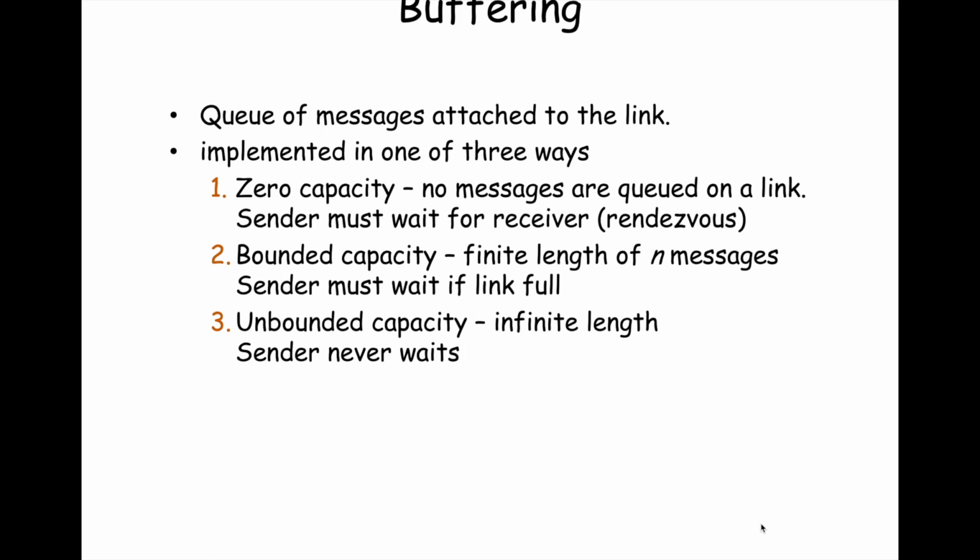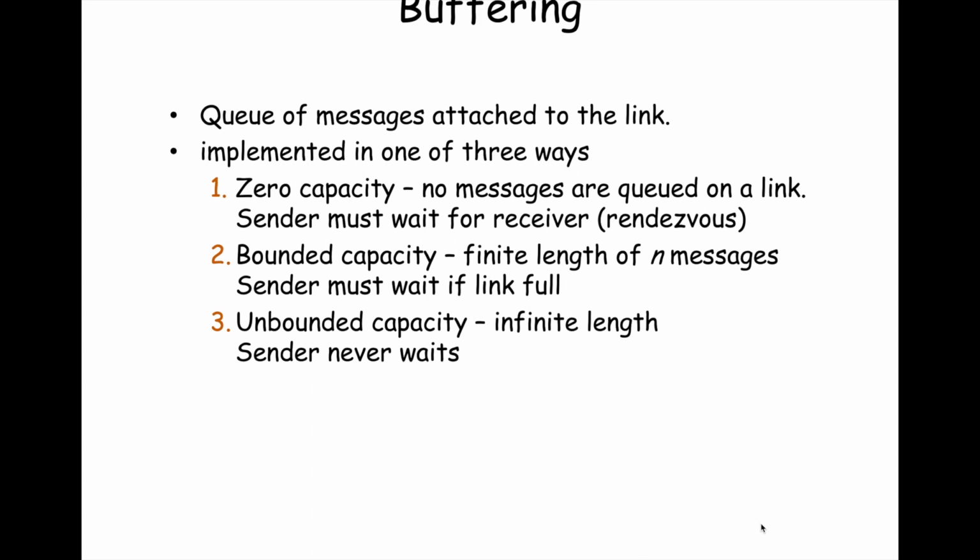So buffering. Now, certainly, you're going to need a place to put a message, whether it's a mailbox or a non-blocking send. You're going to have to maintain buffers, you being the operating system, in which to put these messages. Okay, and so this buffering consideration, there are different ways you can have buffering. One way is to have no buffer, right?